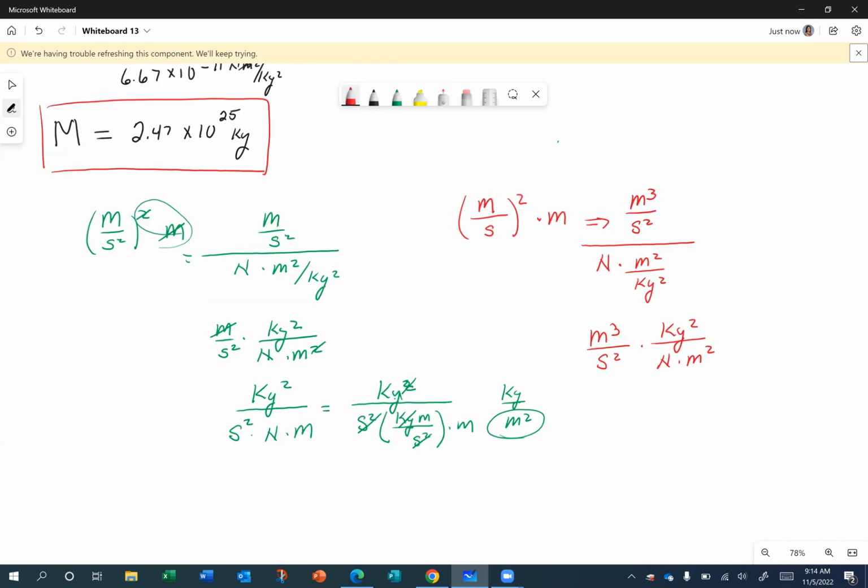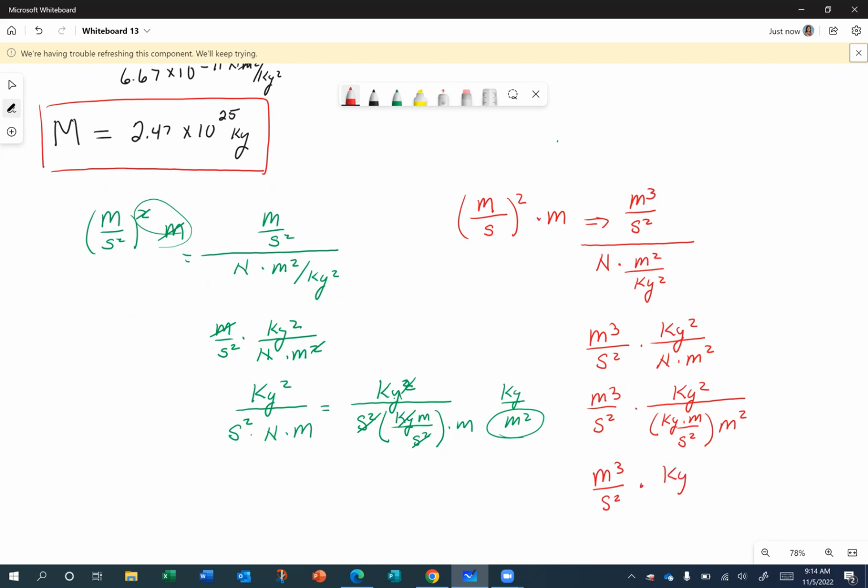A Newton is a kilogram meter per second squared. Flipping that gives you meters cubed over seconds squared times kilogram squared times seconds squared all over kilograms times meters times meter squared.